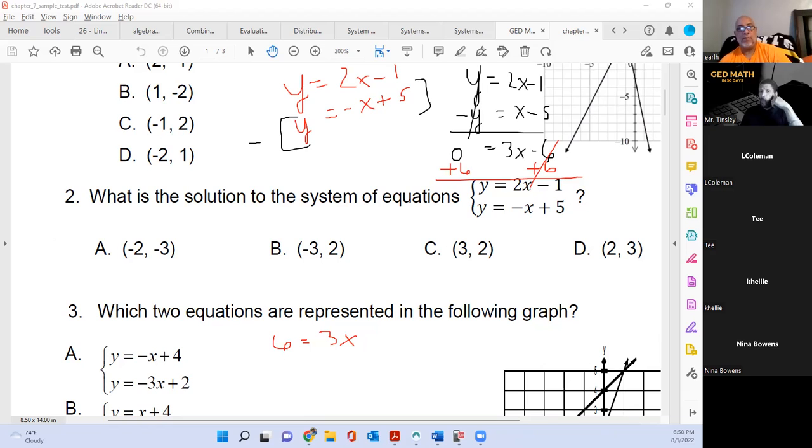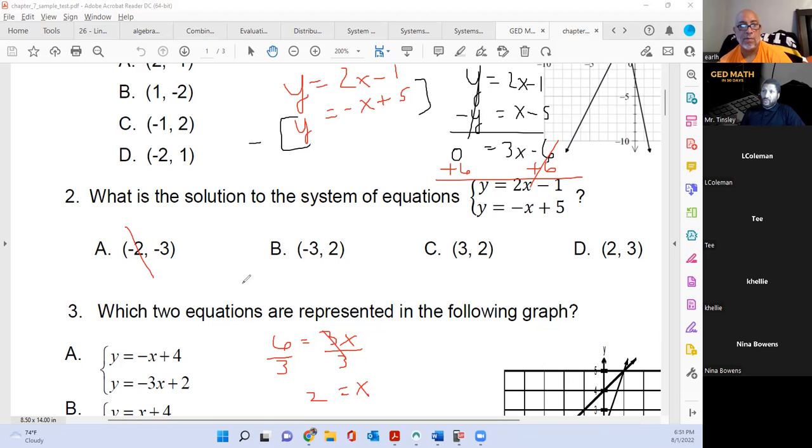This is a 2-step algebraic equation. We need to add 6 to both sides, and then in order to get x by itself, we need to divide both sides by 3. We get x is equal to 2.